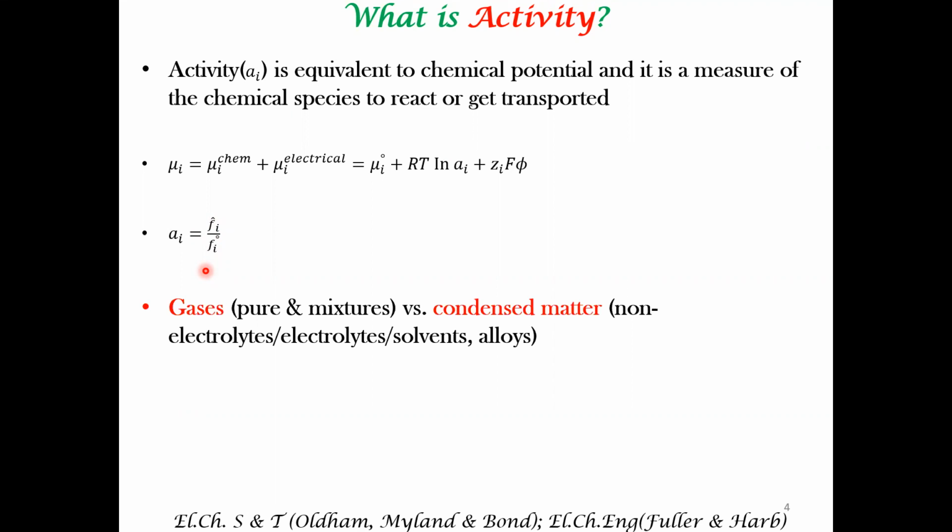The best way to understand fugacities and activity is to take typical systems. There are two broad systems we'll be addressing, gases and liquids or electrolytes. If you go to a material science class or a metallurgy class, the chemical equilibrium you see in, let's say, alloy thermodynamics and alloy phase equilibrium, all the phase equilibrium principles will be determined using chemical potentials.